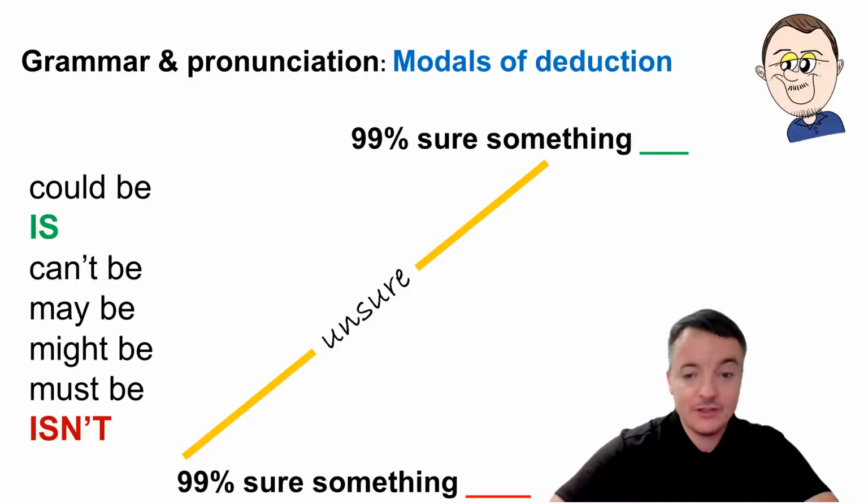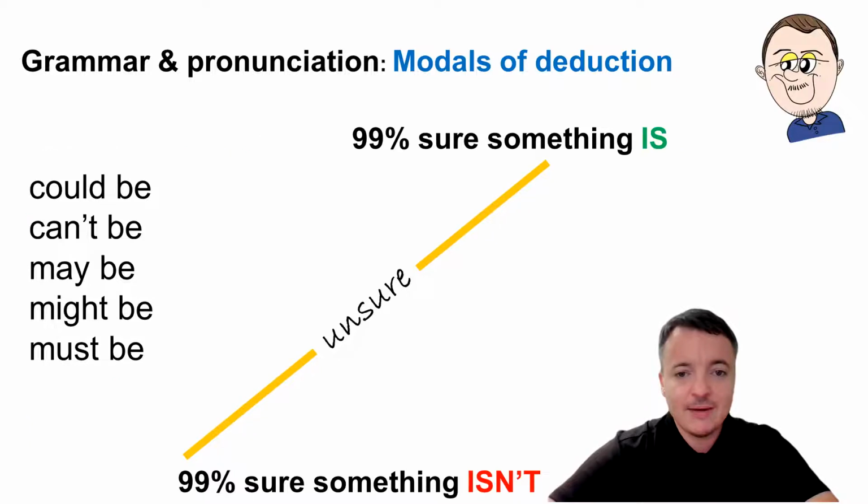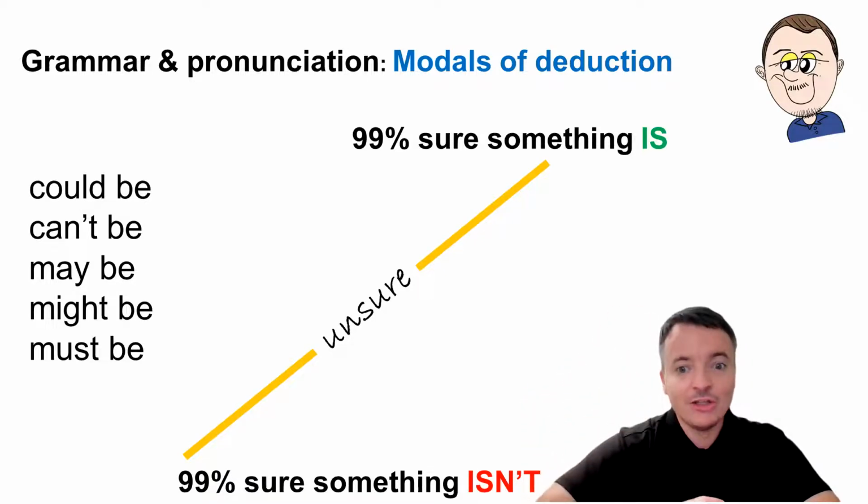And on the left, you can see the modals of deduction. So add is or isn't. So 99% sure something is, 99% sure something isn't. In the middle is unsure, you don't know.